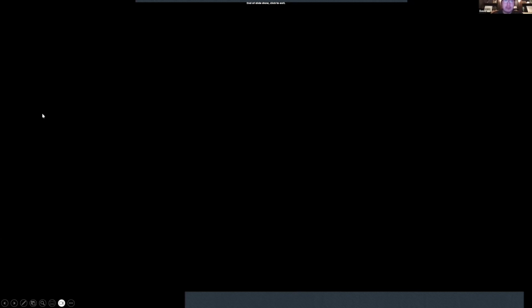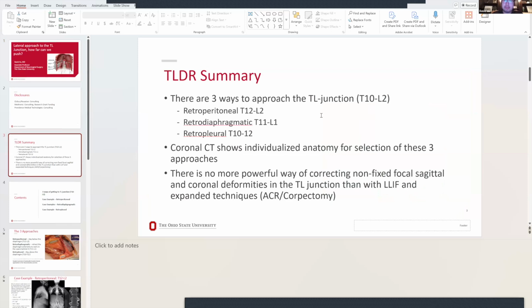So, in summary, this is a topic that I think oftentimes can be very, very confusing and very challenging for people to explore in terms of this area and this anatomy. But the way that I simplify it is that there's really three ways of getting there.